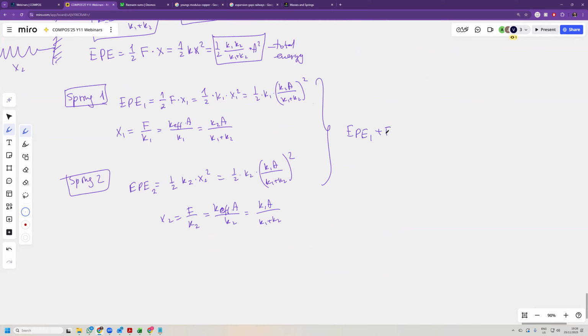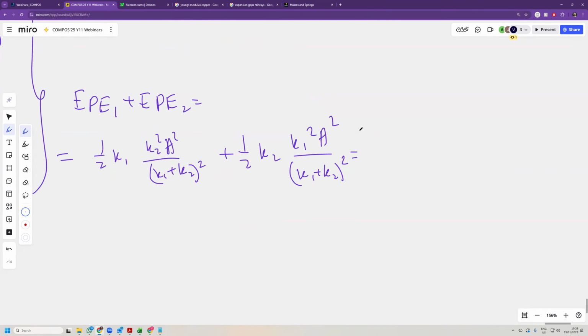EP1 plus EP2 is equal to 1/2 K1 K2 squared A squared over K1 plus K2 squared, plus 1/2 K2 K1 squared A squared over K1 plus K2 squared, and that's equal to 1/2 K1 K2 squared A squared plus K2 K1 squared A squared, divided by K1 plus K2 squared.